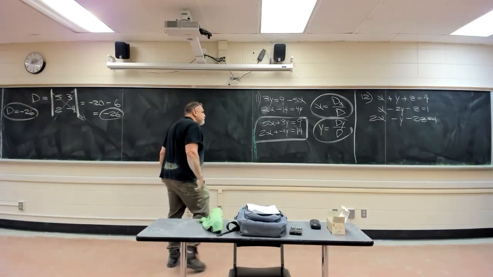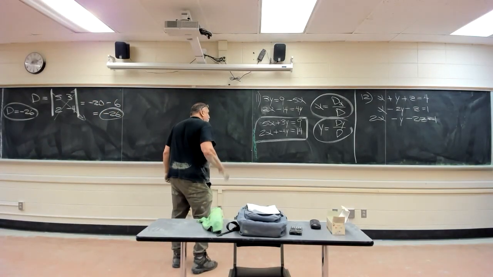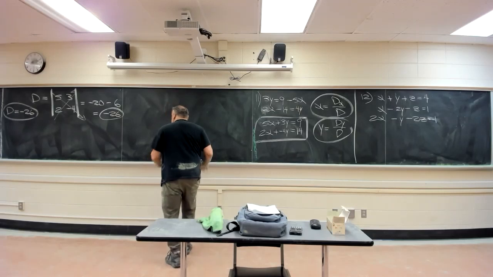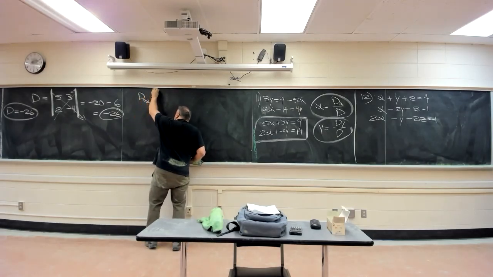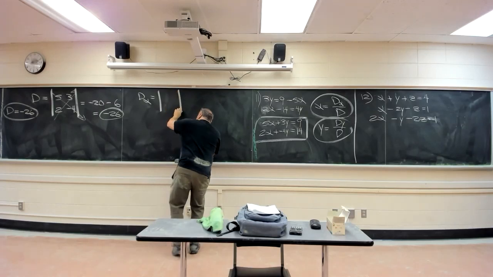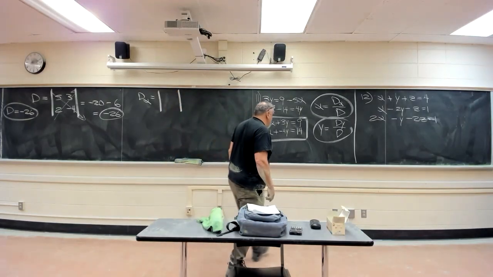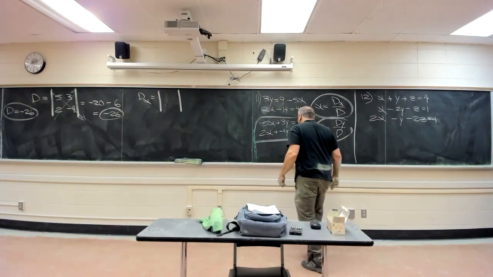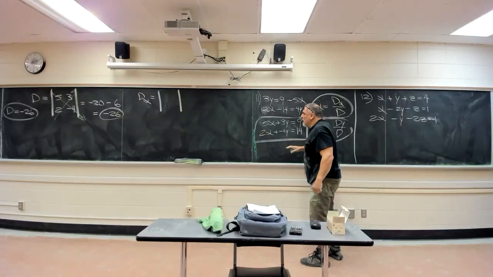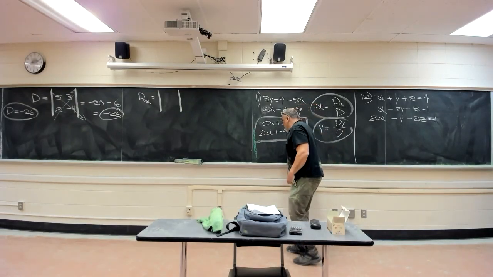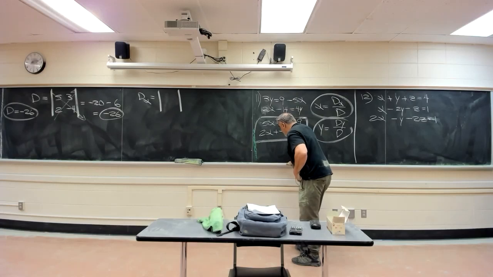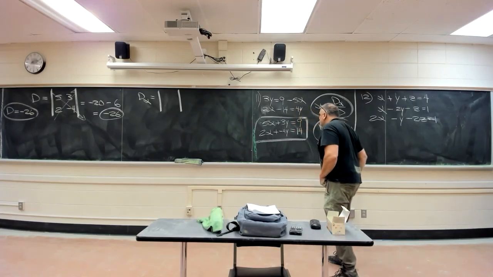Then you take the d sub x. Now the d sub x, you just simply substitute columns. Wherever there's an x value, let me just think this out for a second, guys.